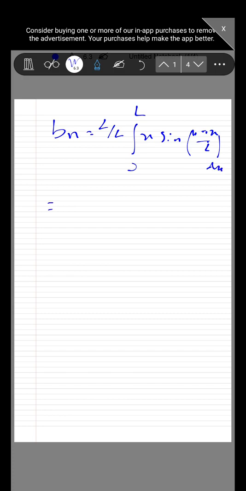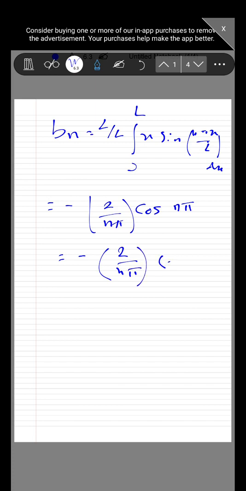So it is equal to minus 2 by n pi cos n pi, so it is again equal to minus 2 by n pi into minus 1 to the n, which is equal to 2 by n pi into minus 1 to the n plus 1.